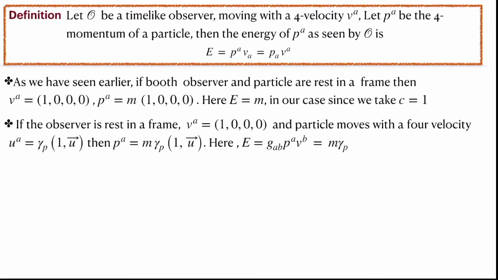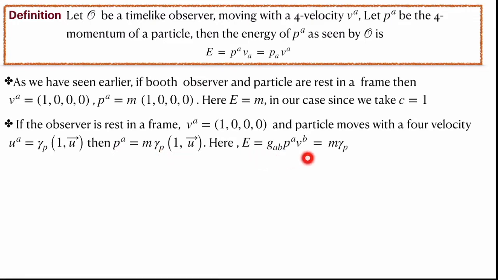The gamma is coming because it belongs to the particle, because we are using so many gammas here for observer, particle and so on. To clear that confusion, I have used p for the particle. So the 4 momentum in this case is given by p^a is equal to m into gamma_p into (1, u).